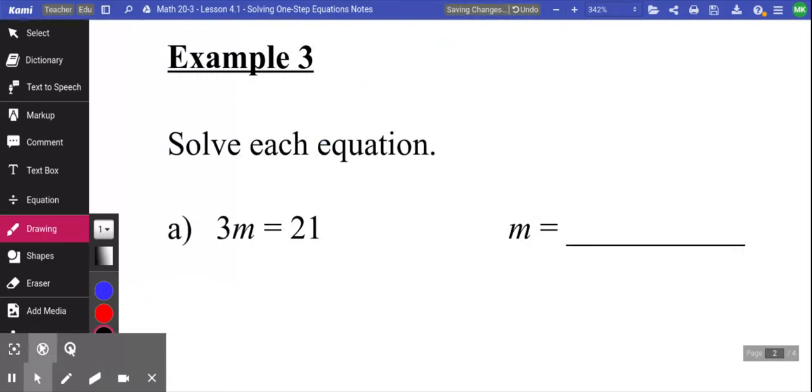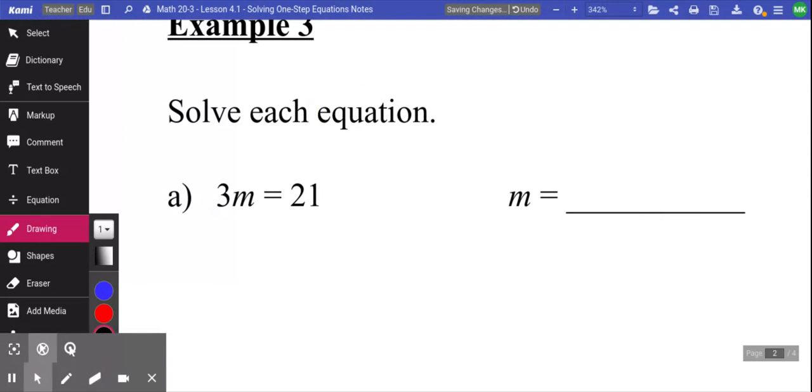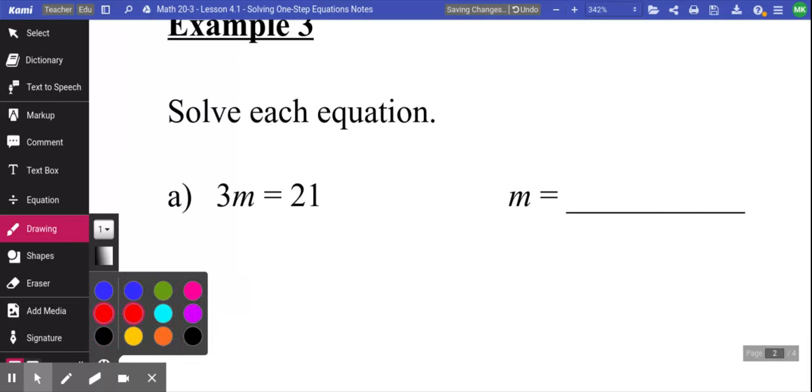Okay, we're going to continue trying to solve equations. We're going to continue doing so by doing opposite operations. These questions are slightly different because it's not obvious the operation that's happening. So when you see something like this, if there's no symbol in between the 3 and the m, that means multiply.